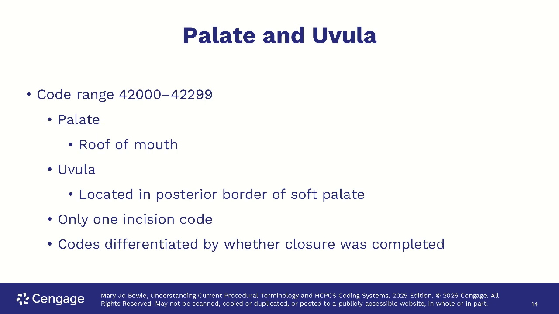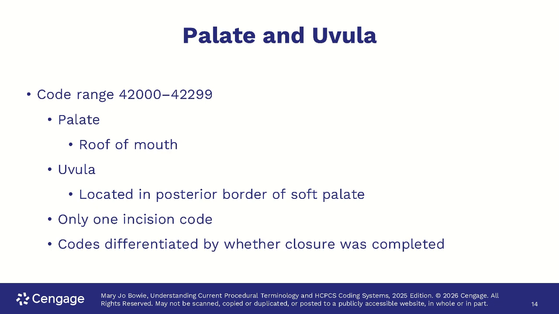Next up is the palate and the uvula. The palate is more commonly called the roof of the mouth. The uvula is located in the posterior border of the soft palate. And you can recognize the uvula by the fact that it's a small cone shaped mass of flesh that hangs from the soft palate.